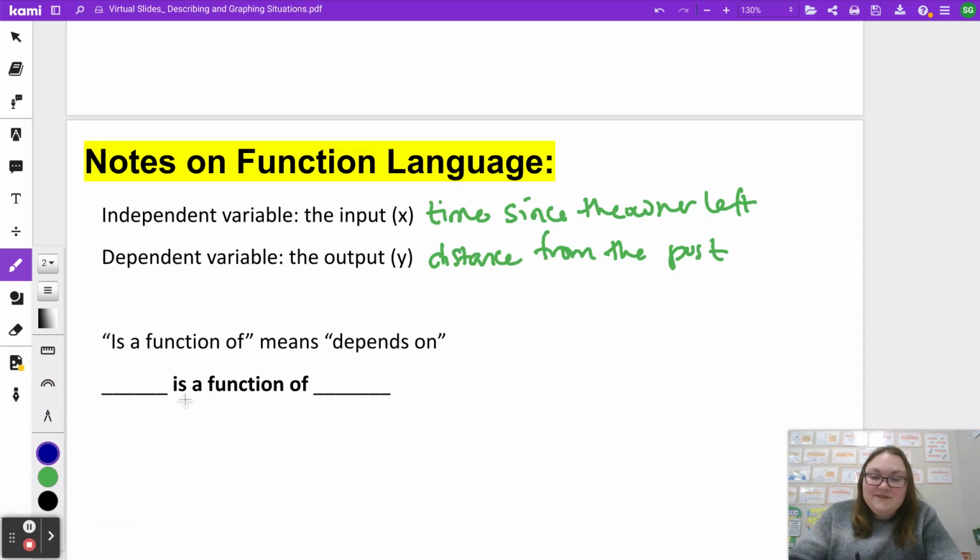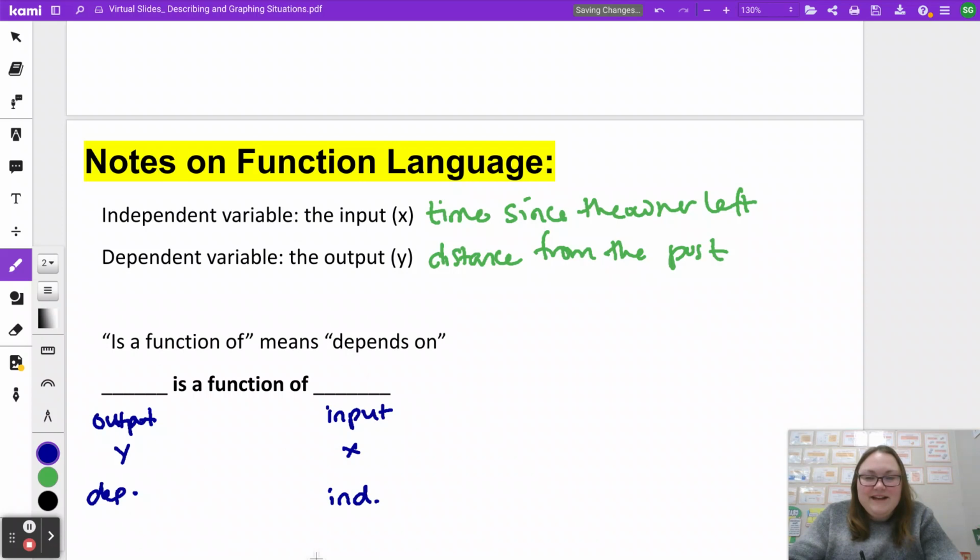When you see this phrase "is a function of," it means your output, or your y, or your dependent variable is what comes first in that phrase, and your input, or your x, or your independent variable is what comes second in that phrase.